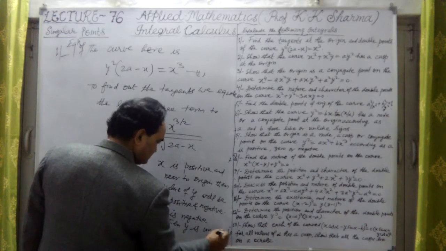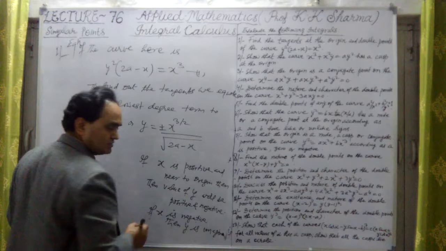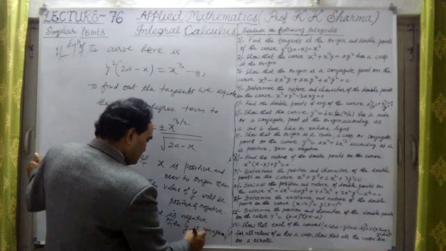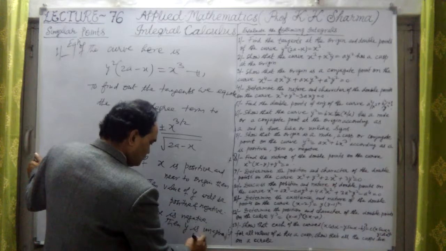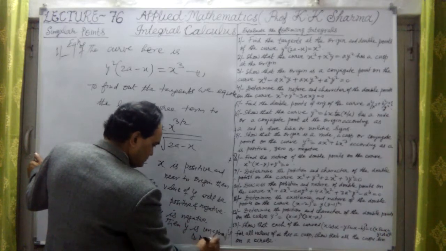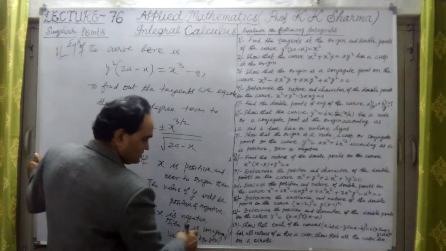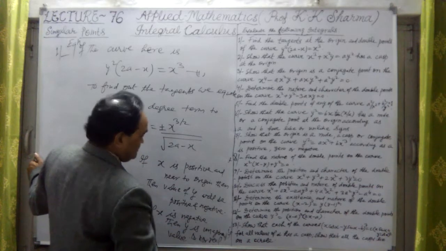Imaginary means we cannot calculate it, or in real terms it is a non-real value. So if it is non-real, then it will be a conjugate point.